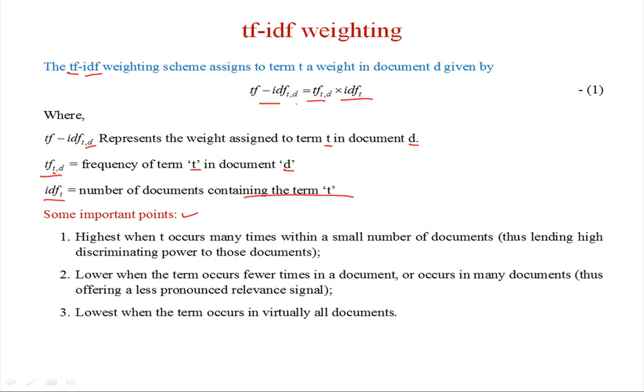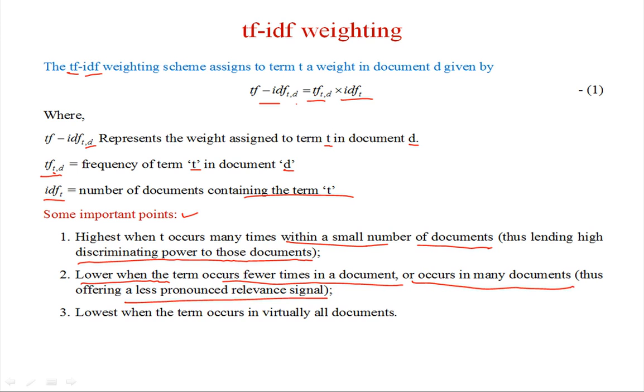Some important points: the value is highest when term t occurs many times within a small number of documents, thus leading to high discriminating power for those documents. The value of TF-IDF will be lower when the term occurs fewer times in a document or occurs in many documents, thus offering a less pronounced relevance signal.